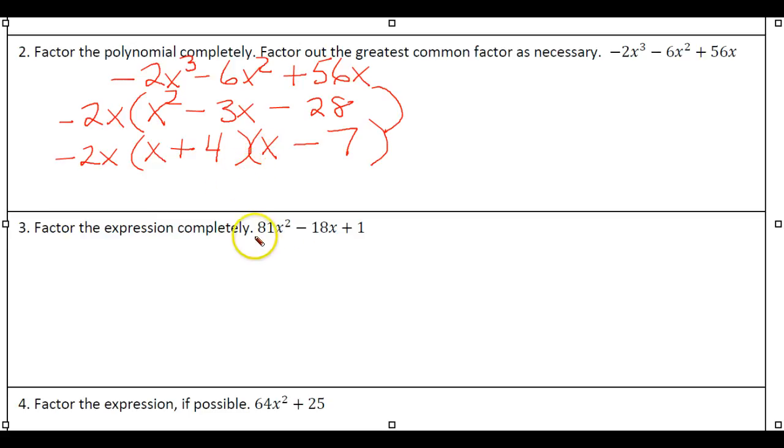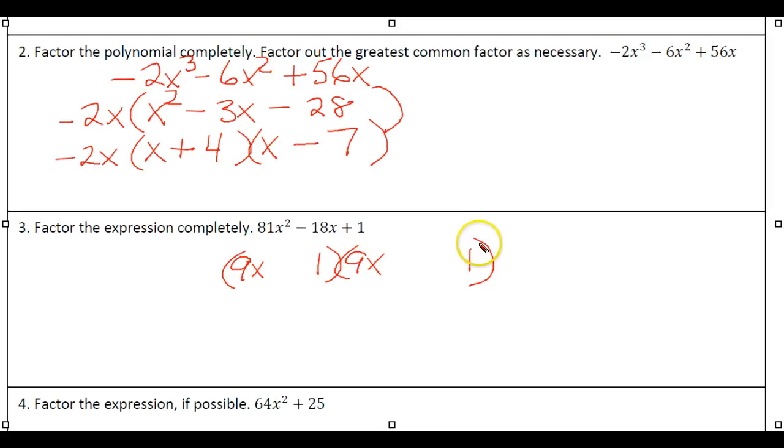Okay, taking a look at number 3. Notice this is a perfect square, and so is this. But there's no common factor. It's in standard form, so I'm going to give it a shot. If I take the square root of 81, I get a 9, and this is a 1 and a 1.